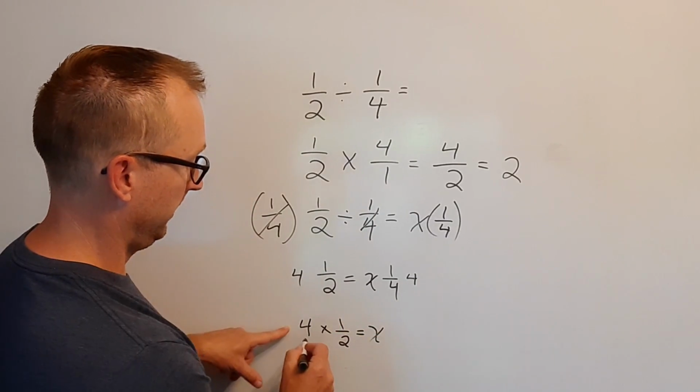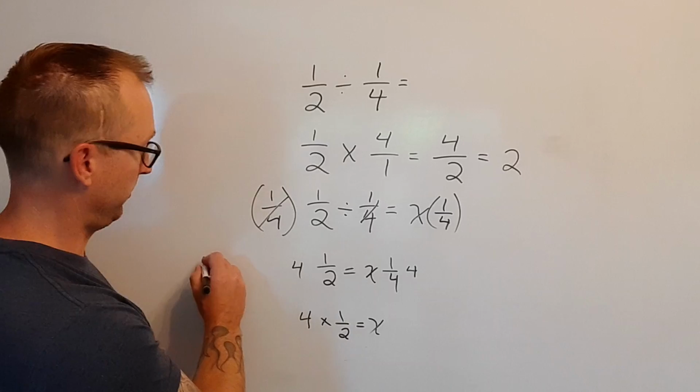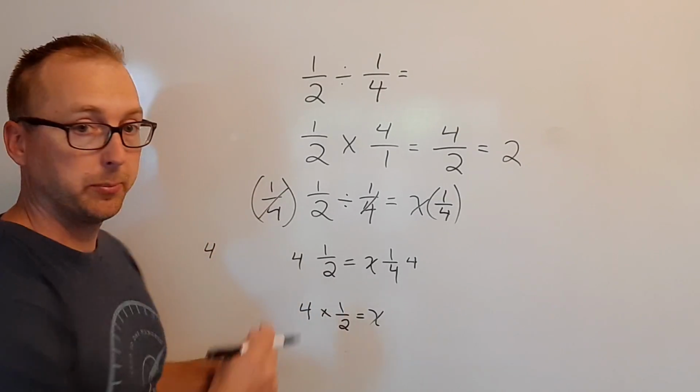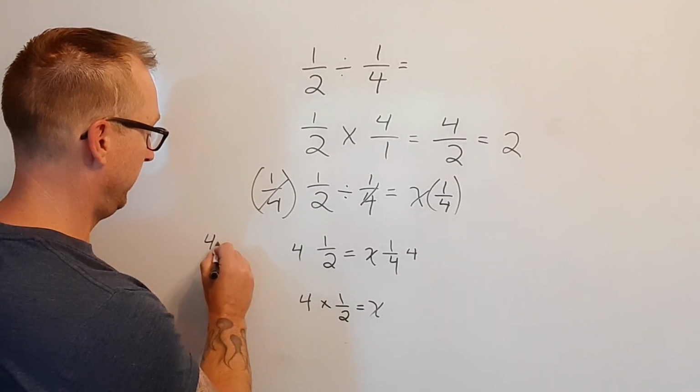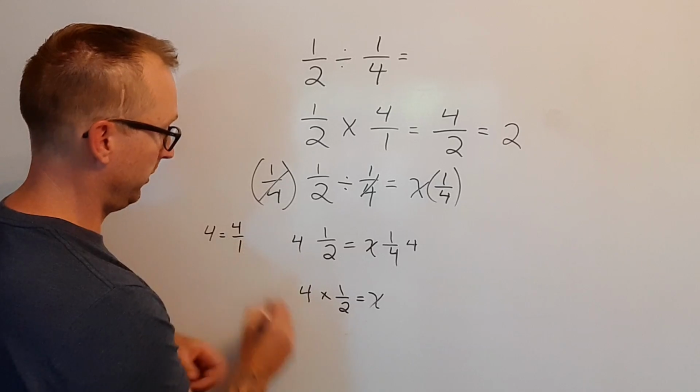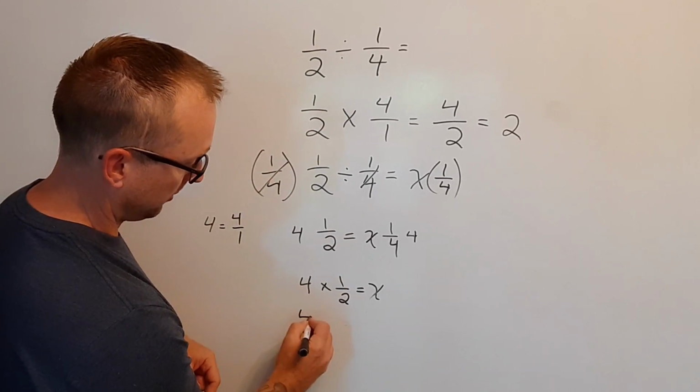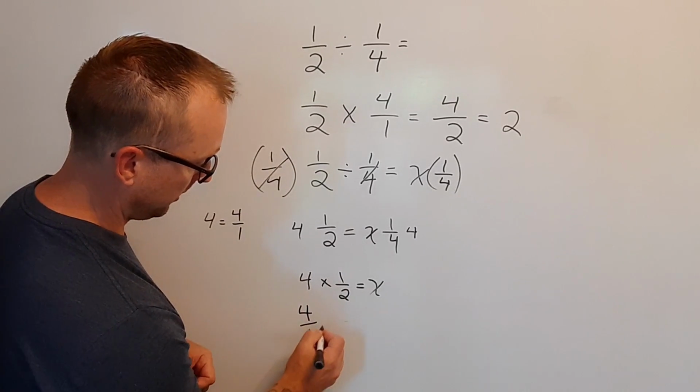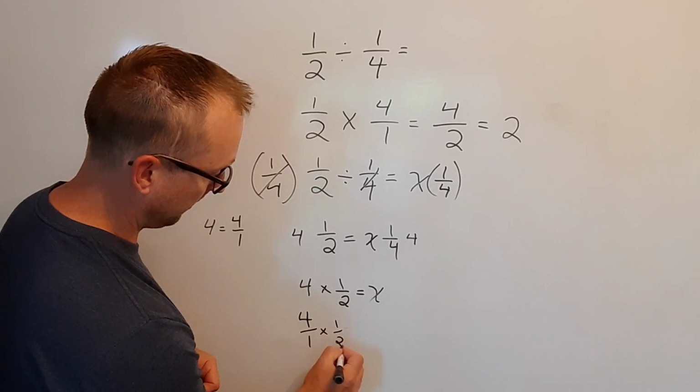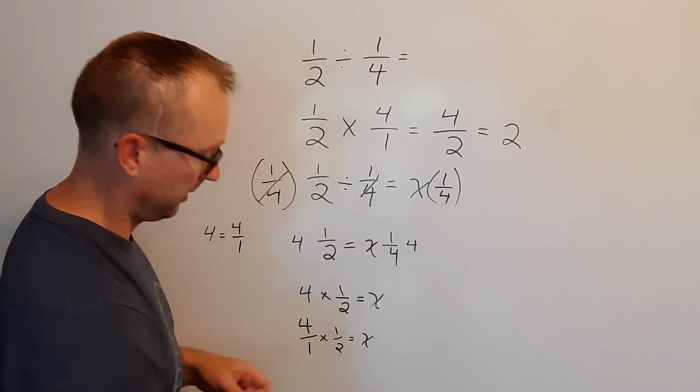And if you recall, 4, if we want to make that in its fraction form, is equal to 4/1. So this becomes 4/1 times 1/2 equals x.